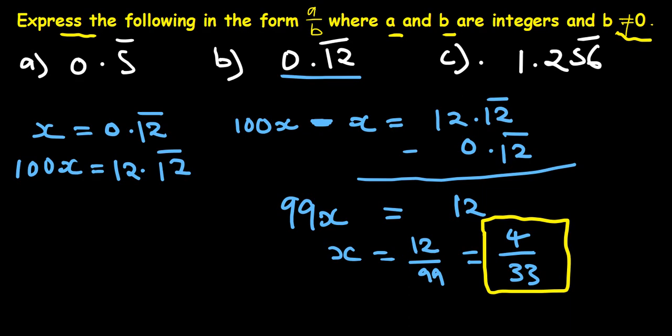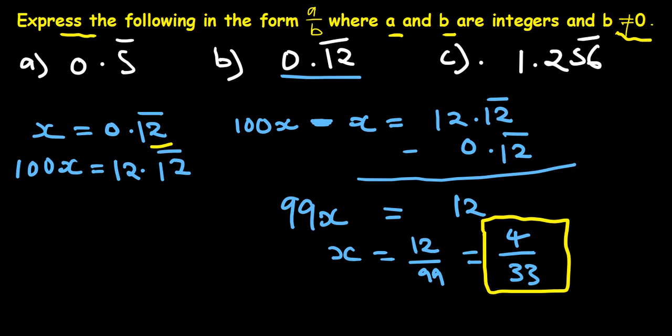Okay, so this repeating part here comes immediately after the point. So our x value will just be this one here, with 0.12. And then we want to find a second number such that the repeating part is also 1 2. So how can we make this x to be another number such that the repeating part is 1 2?